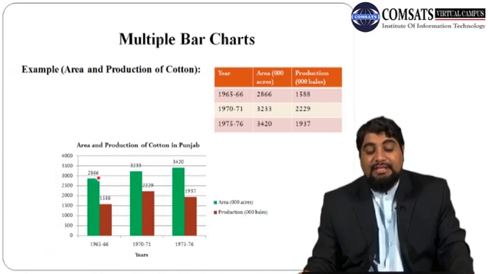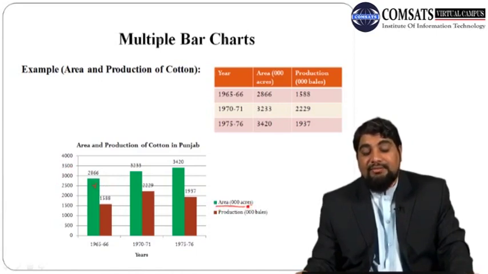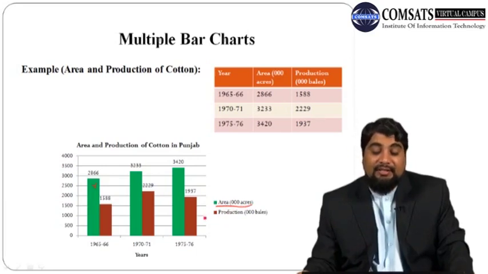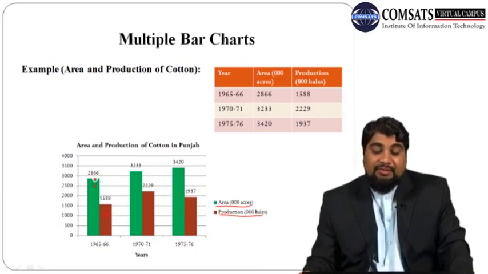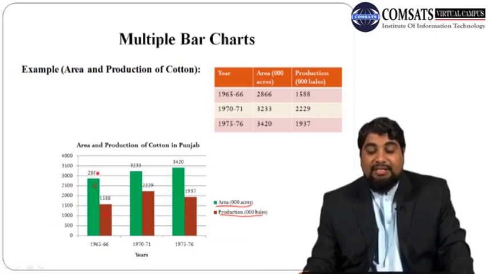The legend entry shows that the green bars are used to represent area in 1000 acres, whereas the reddish, dark brown ones represent the production in 1000 bales. So let us focus on this first bar chart.